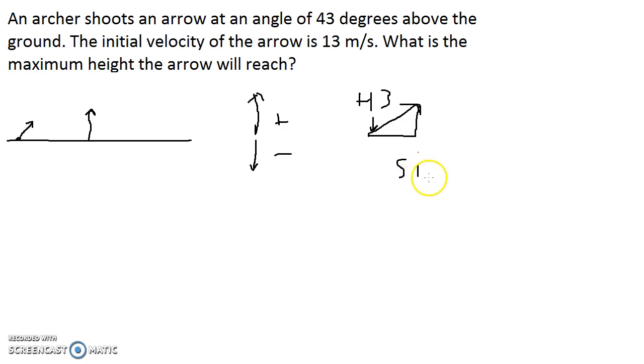So we know that sine of 43 degrees is going to be equal to opposite times, if we multiply it by the hypotenuse, because if it's opposite over hypotenuse and we multiply both sides by the hypotenuse, then we have the opposite or y component of that vector here.